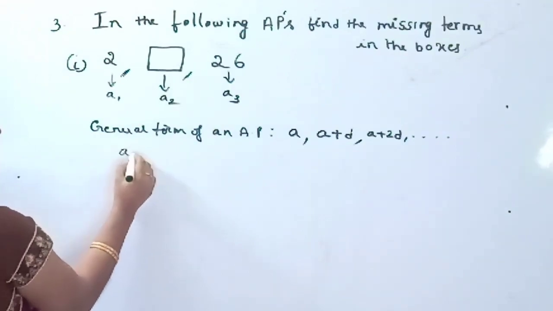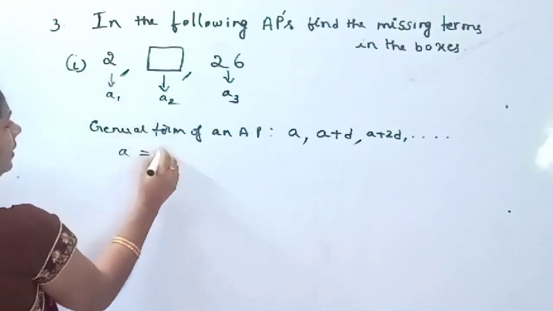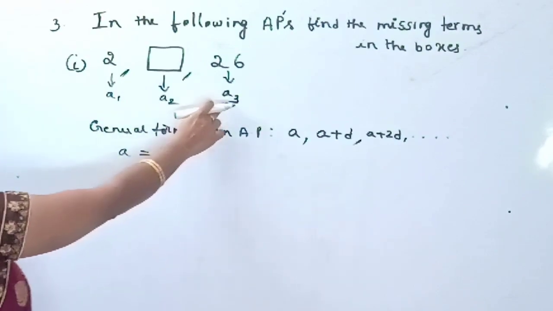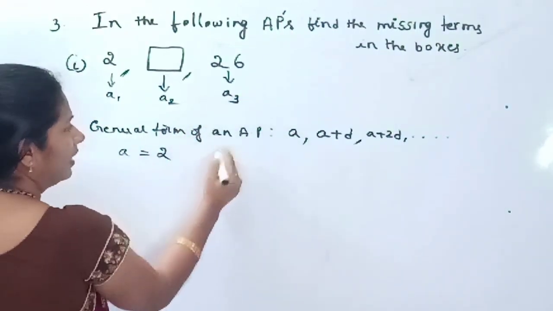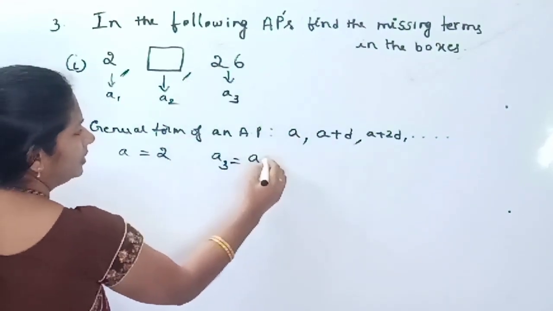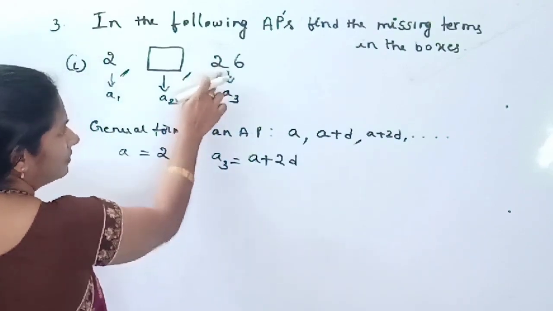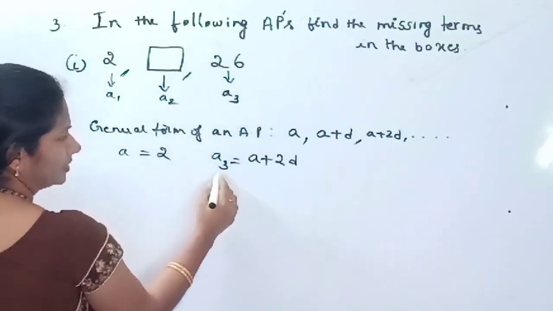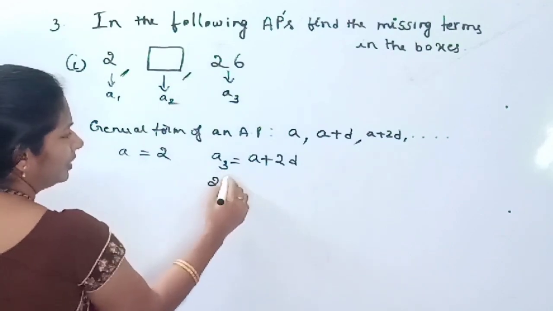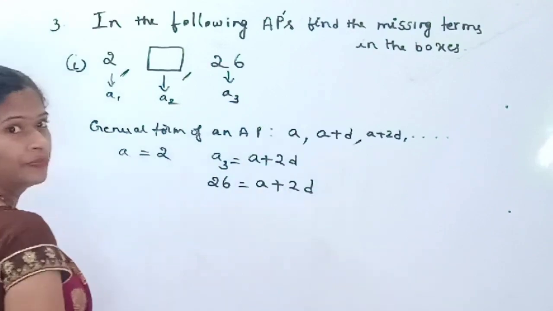So what is given? The A value is given, that is the first term, A equals 2. Next, which value do you know, children? It is the A3 value. So A3 is A plus 2D, isn't it? A3, you can write as A plus 2D, and that is given. It is how much? It is 26. So in place of A3, let me write 26 equals A plus 2D.